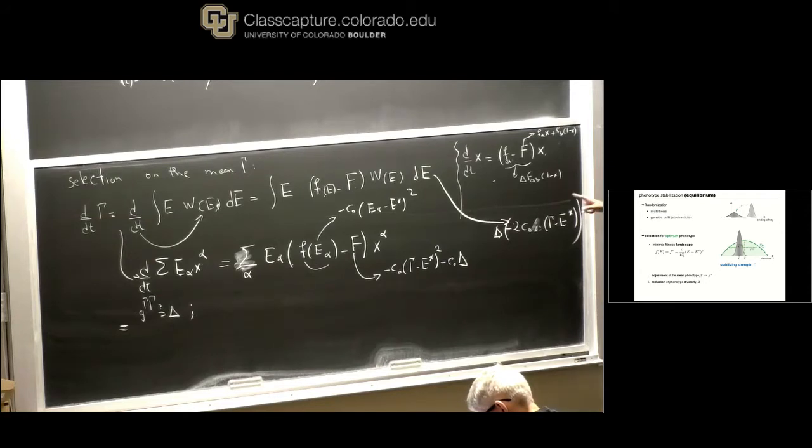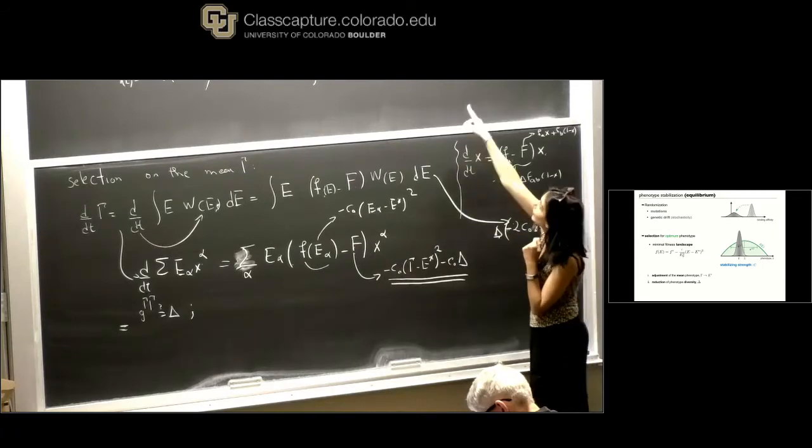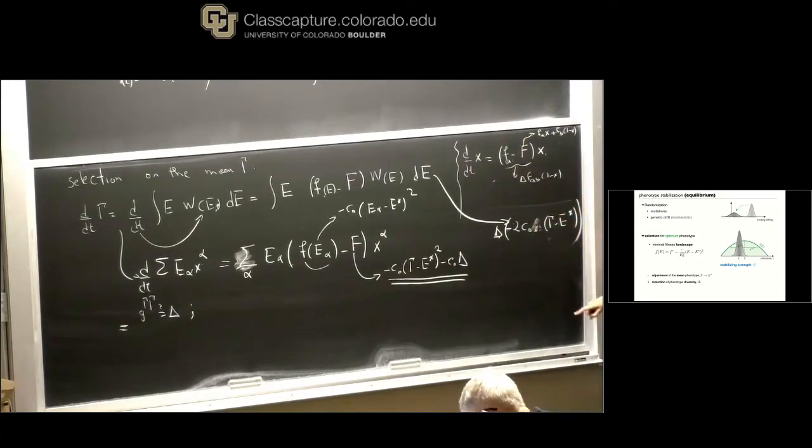Well, I mean, you just calculate that integral. Yeah, exactly. You get this. So this is the derivative of this mean fitness with respect to gamma, right? This term. This is mean fitness. Or that. So with respect to gamma, you get this term.